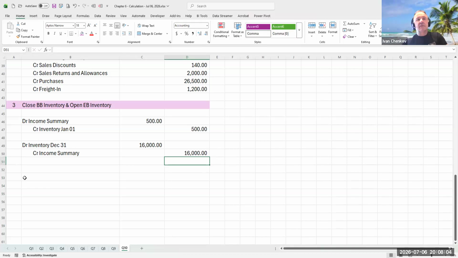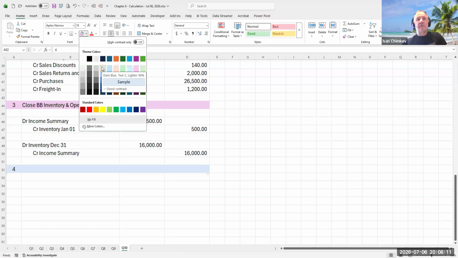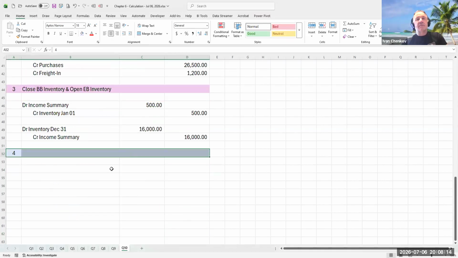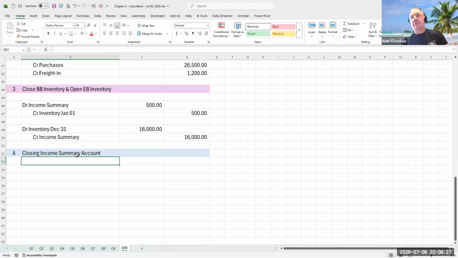After I do this, we're going to go to stage number 4. In stage number 4, what we have to do is close the income summary. Where are we going to close it now? We're going to close it into the owner's capital. But first, let's open this income summary account and let's see what's in it.